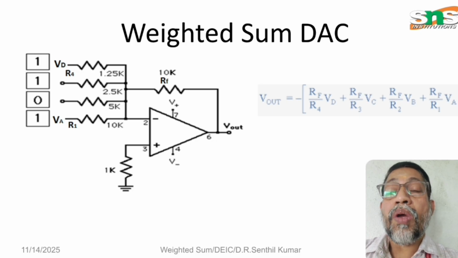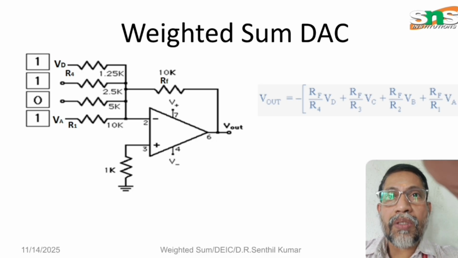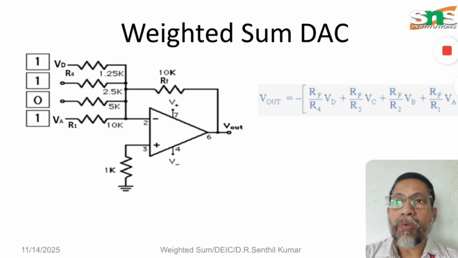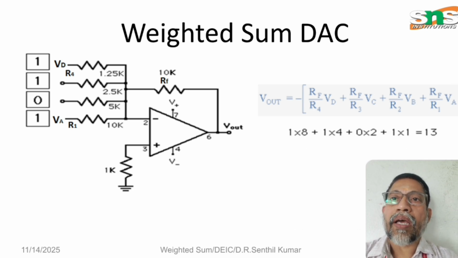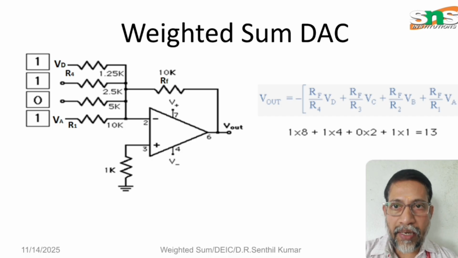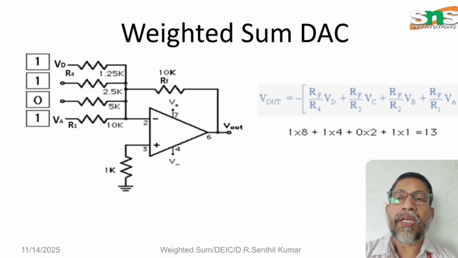And 10 divided by 1.25 is 8. Substituting these values, for VD it is 1 into 8, for VC it is 1 into 4, for VB it is 0 into 2, and for VA it is 1 into 1.